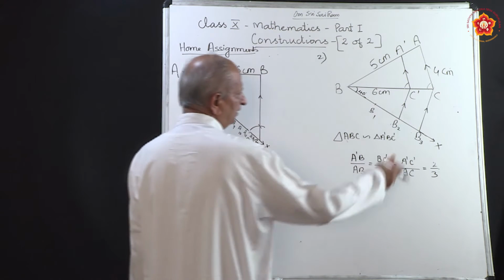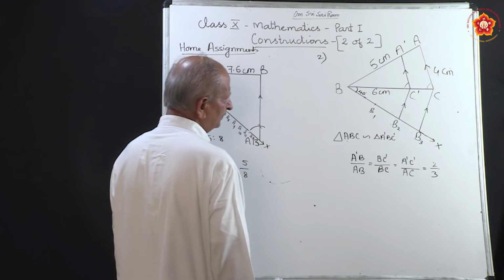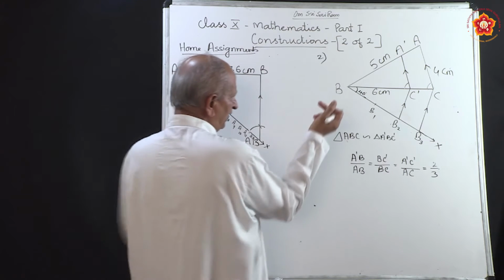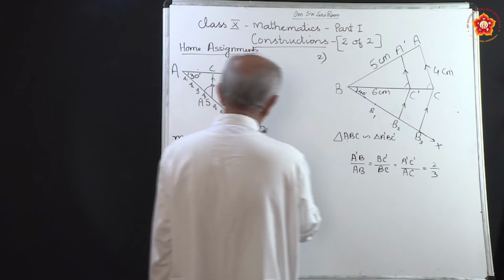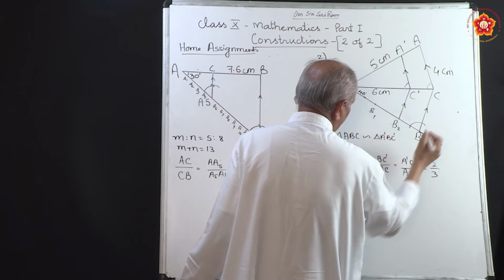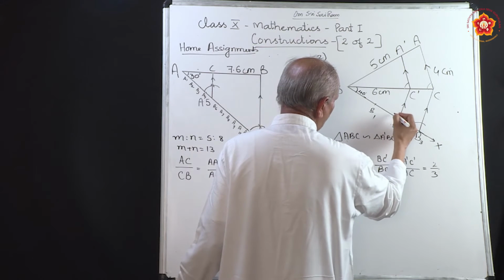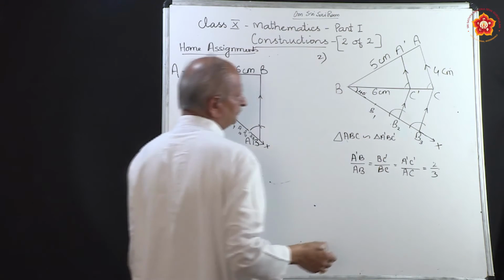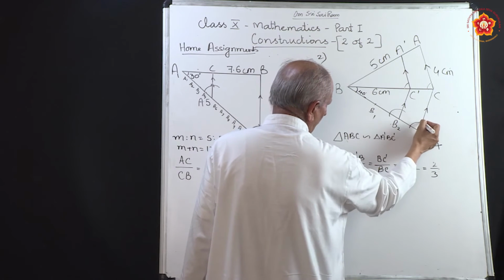Now, join B3 to C. You have to draw a parallel now from B2. How to do it? As you have done here, from B3 take a compass, make an arc of convenient radius. Same arc you do from B2 also, and from this point cut off one more arc.